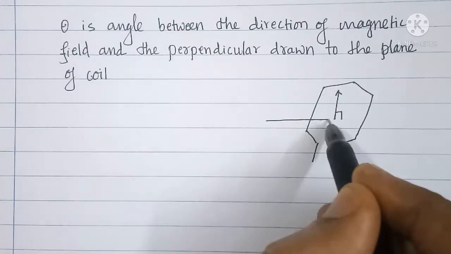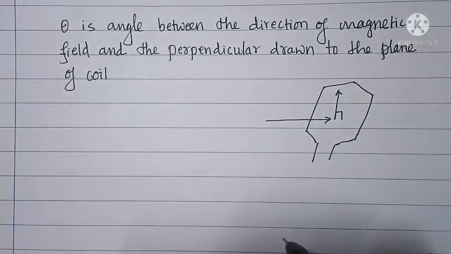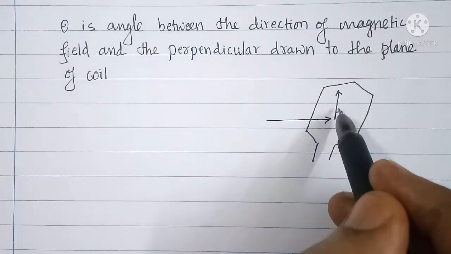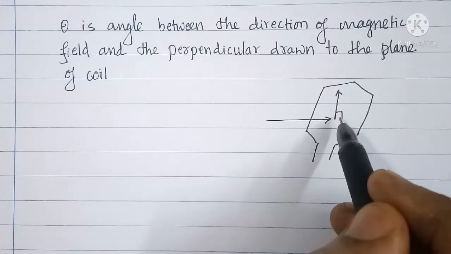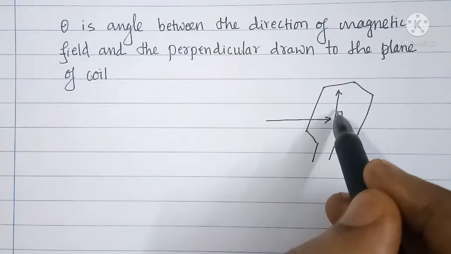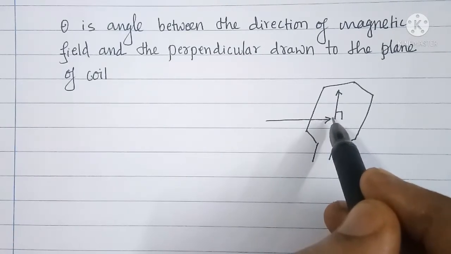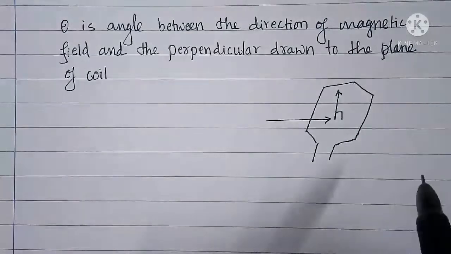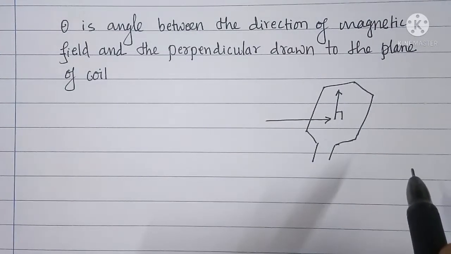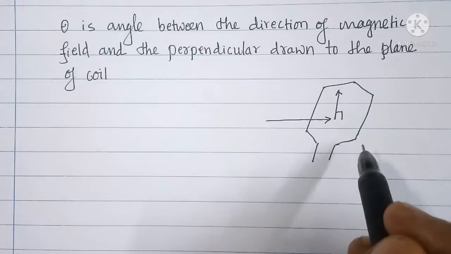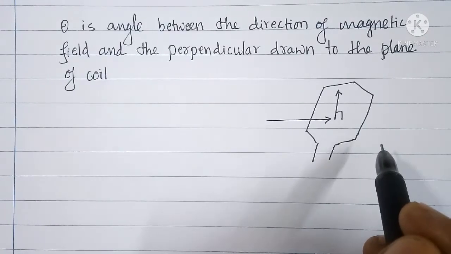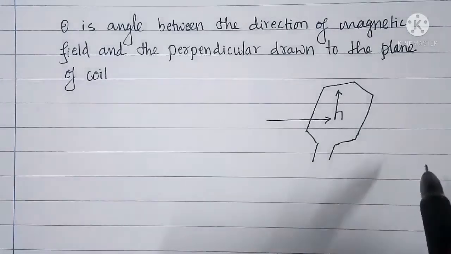Now, if it is direction of magnetic field, when perpendicular drawn to the plane of coil and the direction of magnetic field are at right angles to each other, then cos theta becomes equal to 0, which means the flux linking the coil will be equal to 0.